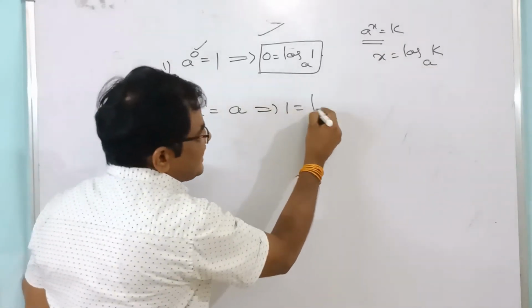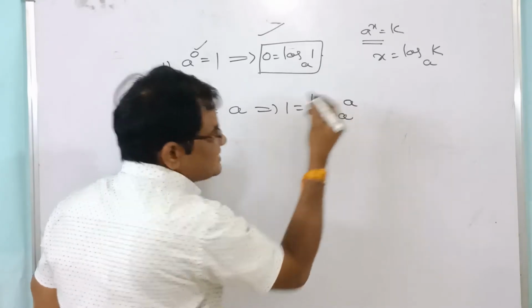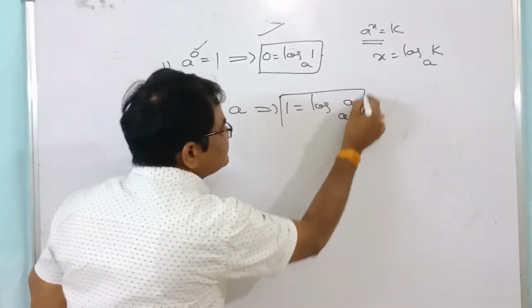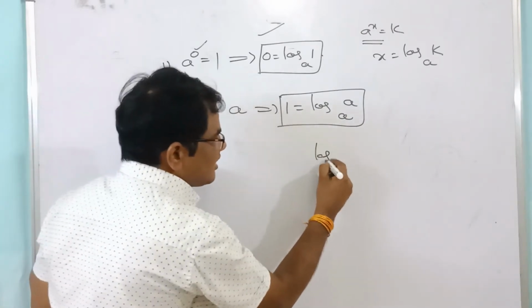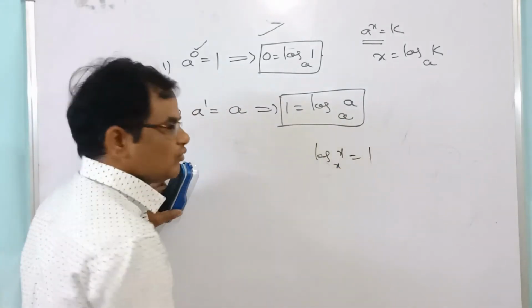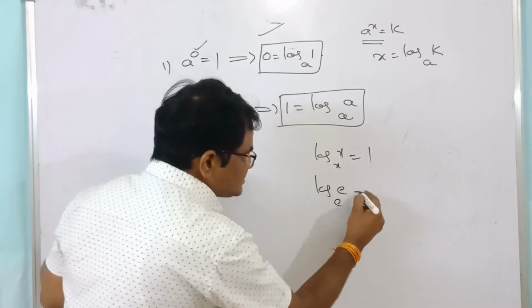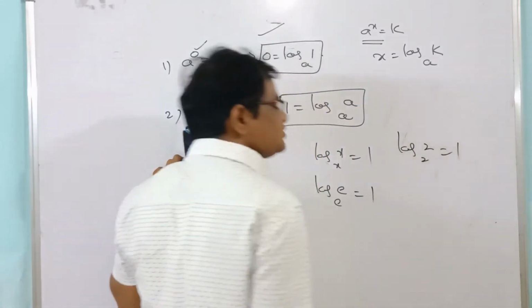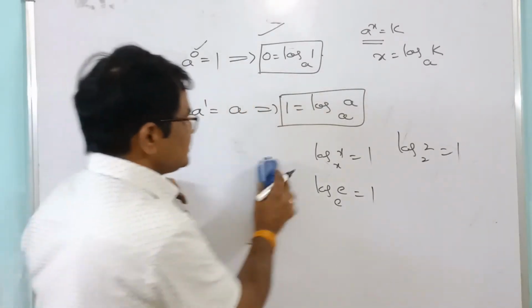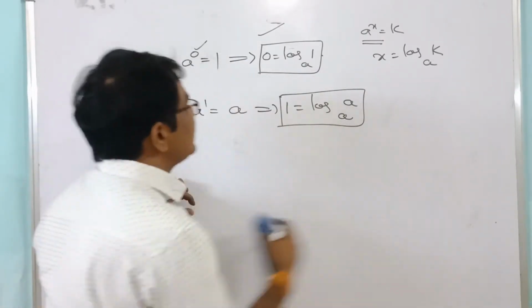This 1 can be written as what? Log a to the base a. Now what do you observe in this one? Log a to the base a is always 1. Means log x to the base x equal to 1. Log e to the base e is also 1. Log 2 to the base 2 is also 1. Like this. Right?